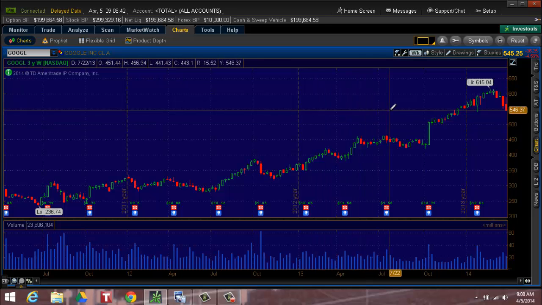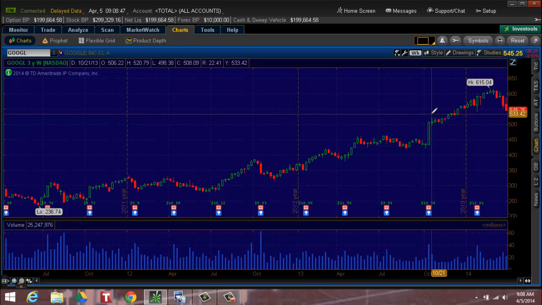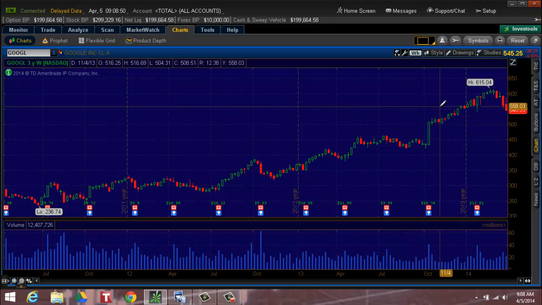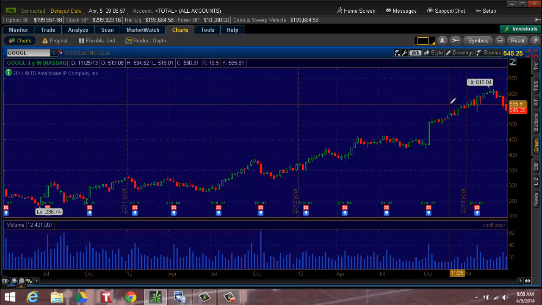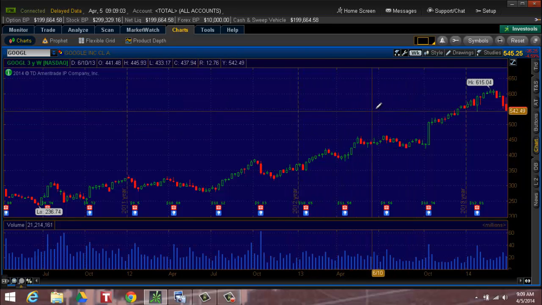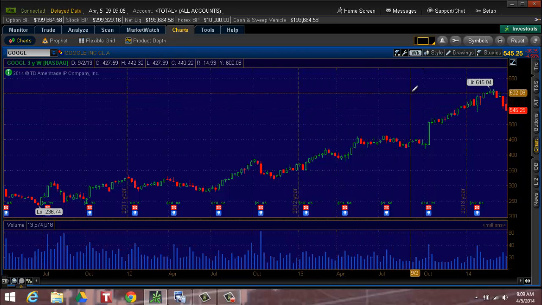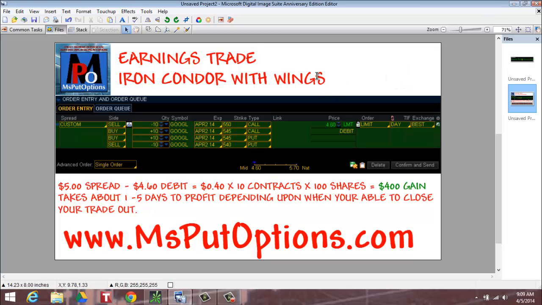But unfortunately, I cannot do that, but I wish I could, because there's going to be some serious money to be made here with Google on this earnings season that's going to happen on 4/16/2014. So I can't cancel the flight. I wish you guys luck if you're able to figure out the rest of this trade. I'm not going to give all my secrets away. So let's downsize this and see what really happens.